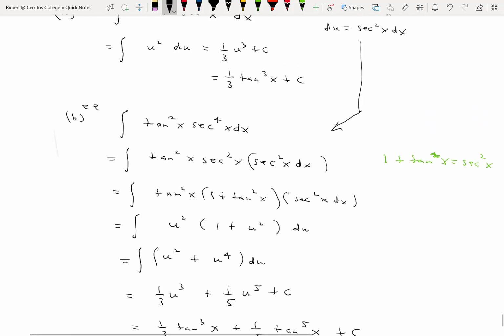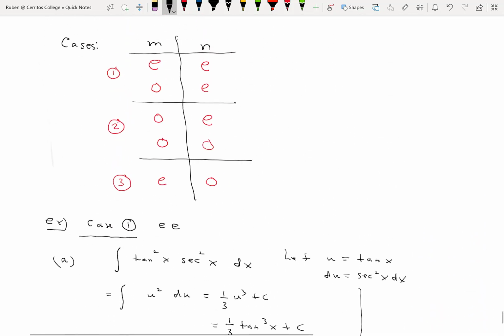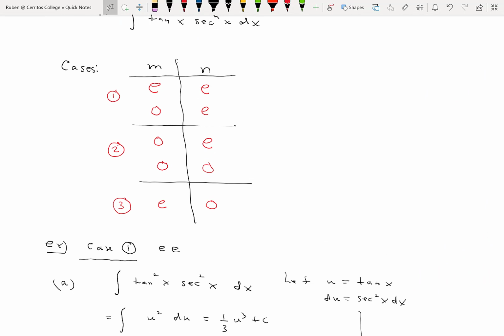So way back up in our chart, in case 1, where the power of the secant is even, you let u equal tangent.